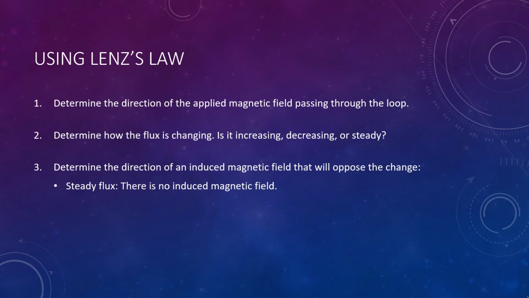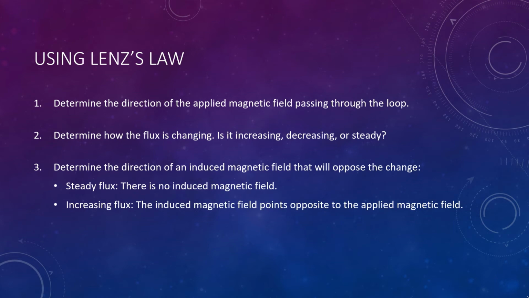Once you know that, determine the direction of the induced magnetic field to oppose that change. We did all three of these examples, so we have a summary now. If there's a steady flux, in other words, you're not changing it at all, well then, by definition, if you're not changing the magnetic field or the flux, then there's no induced magnetic field. There's no current in the wire, no magnetic field produced. If your flux is increasing, remember we're trying to oppose that change, so you need to have an induced magnetic field that points in the opposite direction.